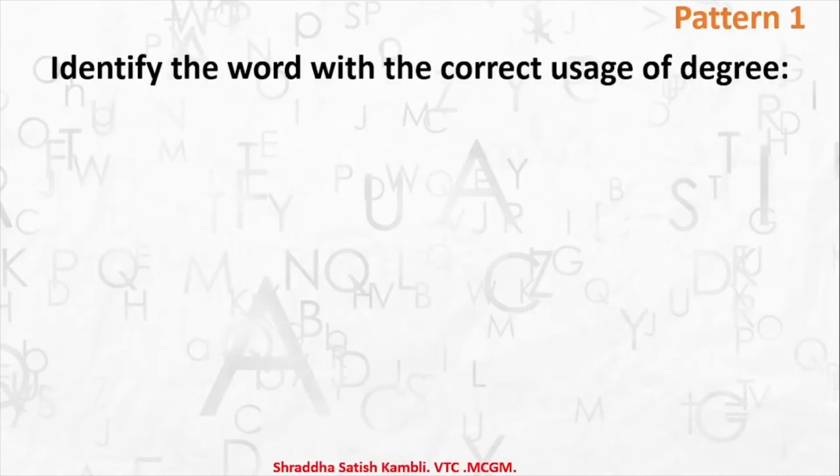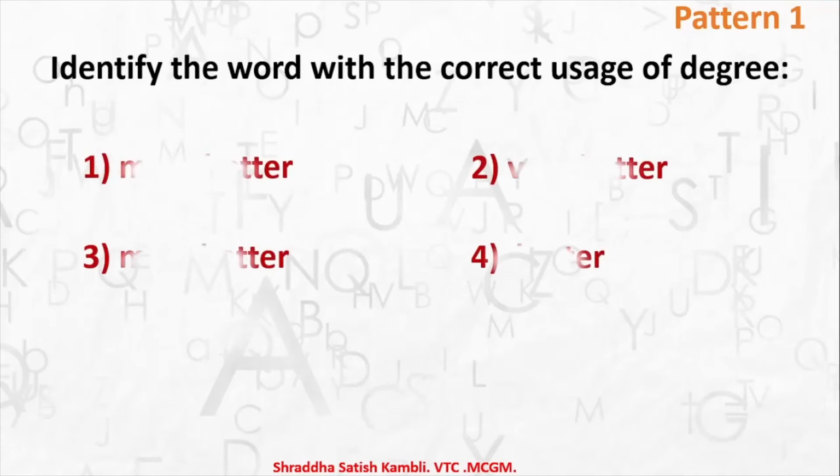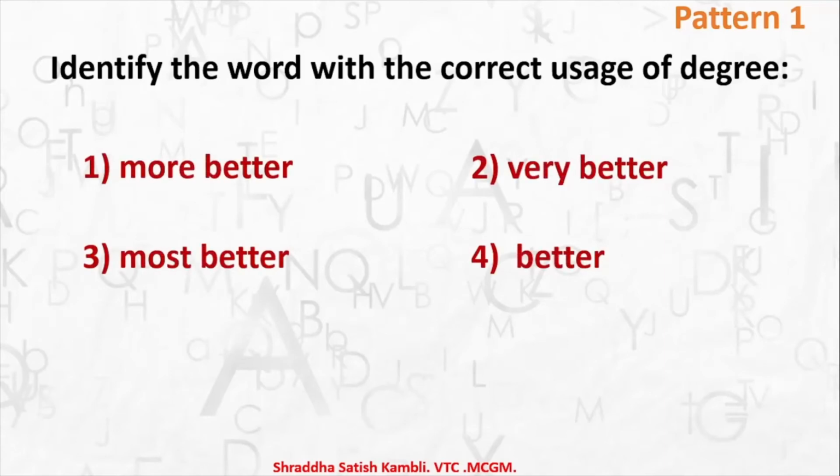Okay, so the first question here, identify the word with the correct usage of degree. So which will be the correct word to be used here that you will see, and we will also see an example sentence where we are using that particular adjective. Okay, so these are the four adjectives: more better, very better, most better, and better.